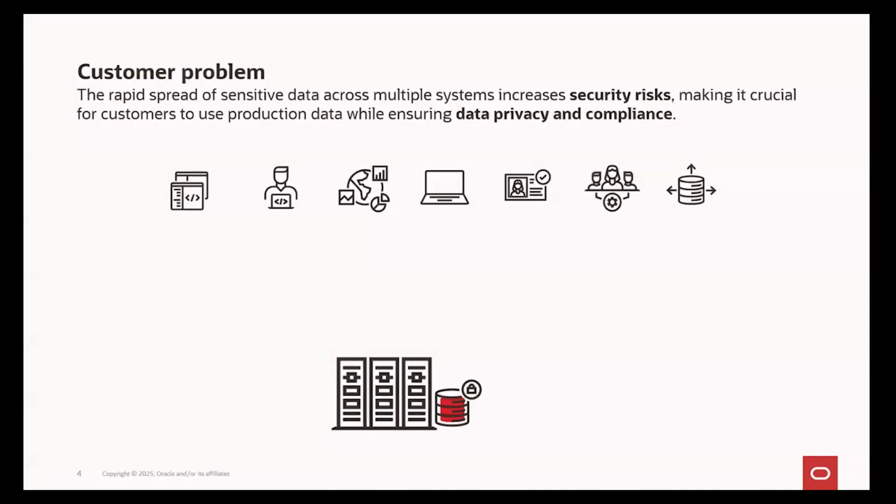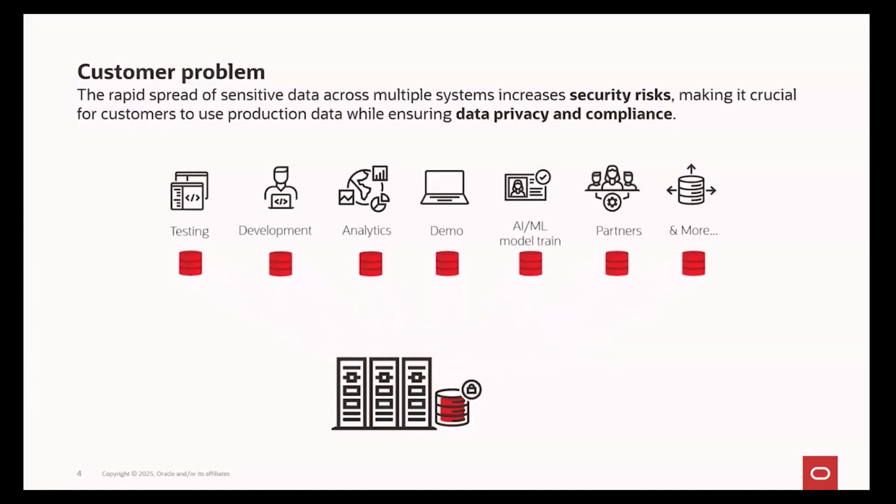So let's start with this challenge. Imagine there is an organization that needs to share or copy the production instance across multiple non-production streams, right? So when you're copying or sharing your production environment across, let's say testing, development, analytics, and many more, even your sensitive information is proliferated across.